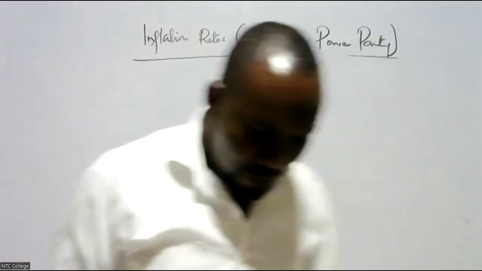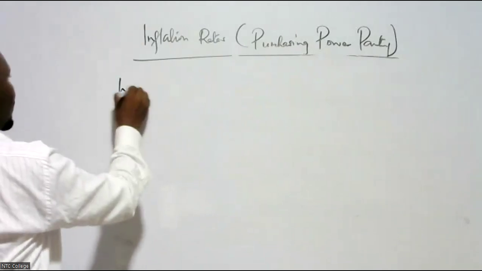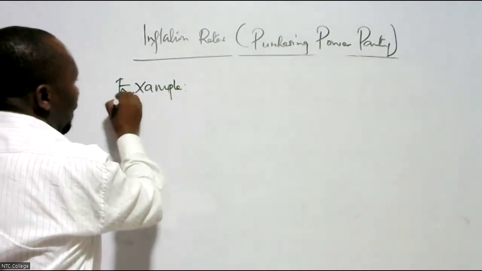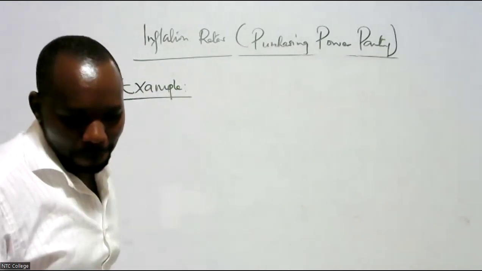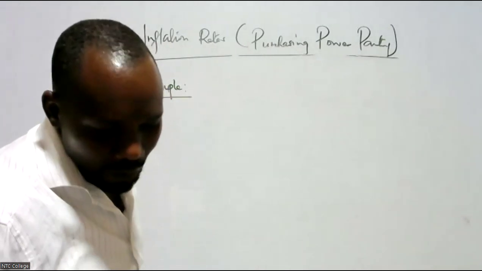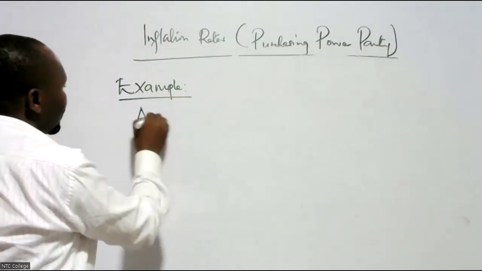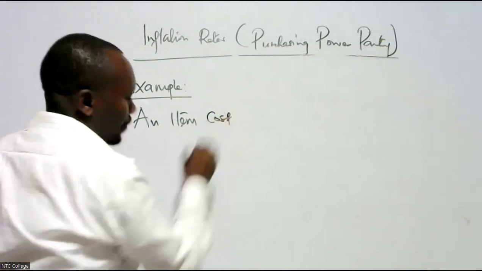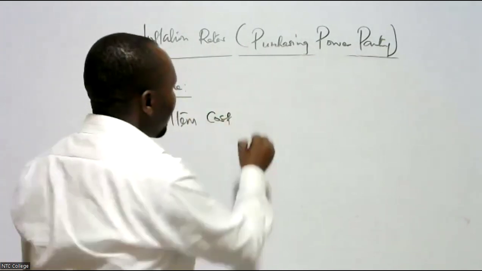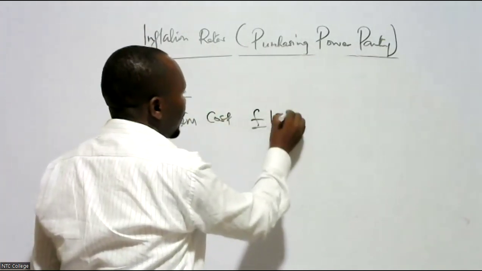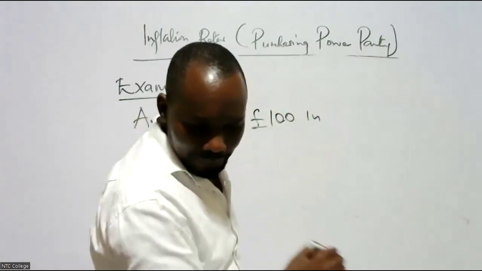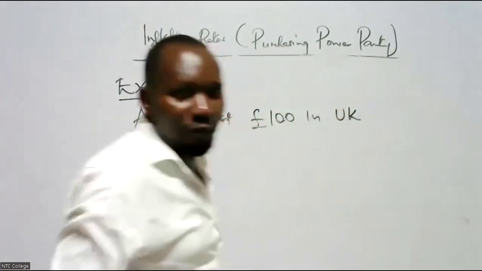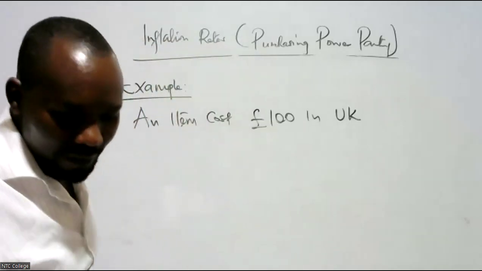So let's look at an example. An item costs 100 pounds in the UK. That is the value of the item, call it clothes or whatever.